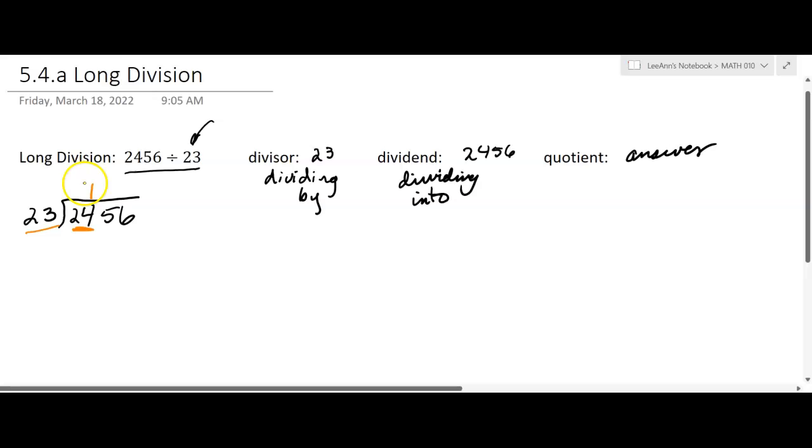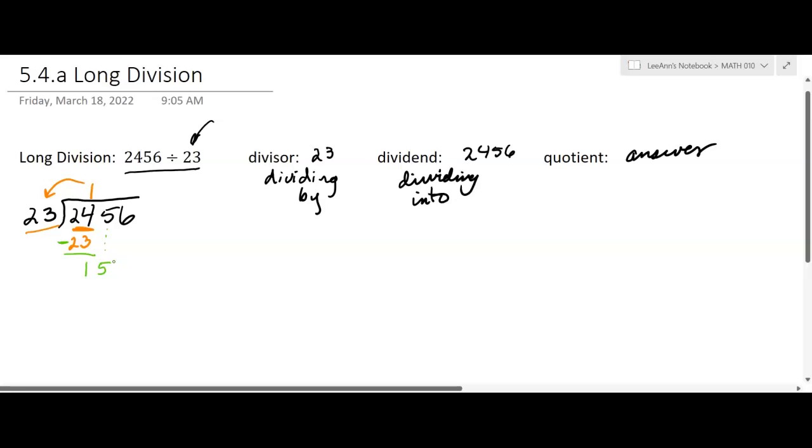Then you multiply 1 times 23, and then you have to subtract. You don't have to write the subtraction sign, but when we do them with polynomials, it'll be helpful. You subtract, and in this case, we get 1. And then you bring down the next number, right? Hopefully this is bringing back happy memories.